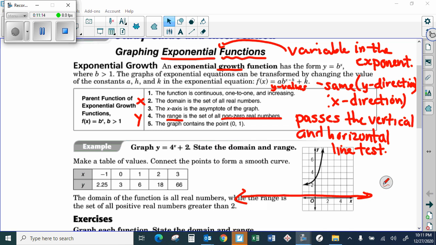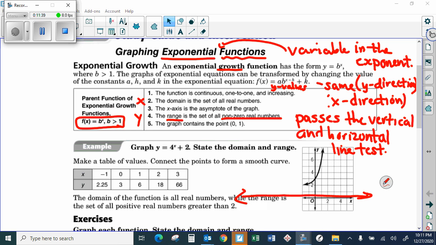Non-zero real numbers. Let's see here. That is not correct. You can say the range, so again, we're talking about the parent function. I'm not talking about any shifts yet. The range is a set of all positive real numbers.